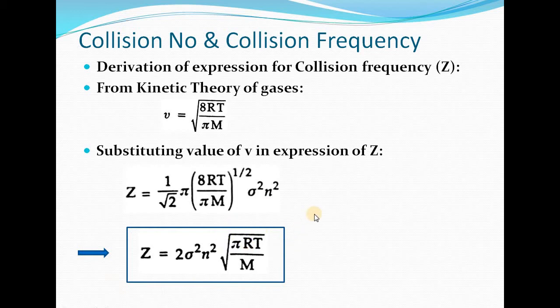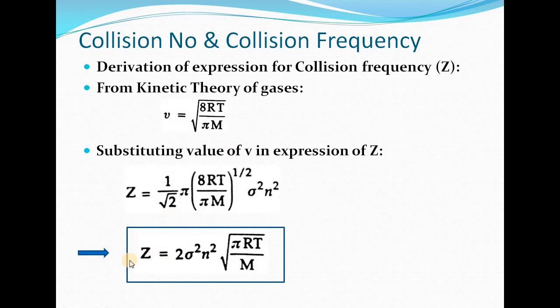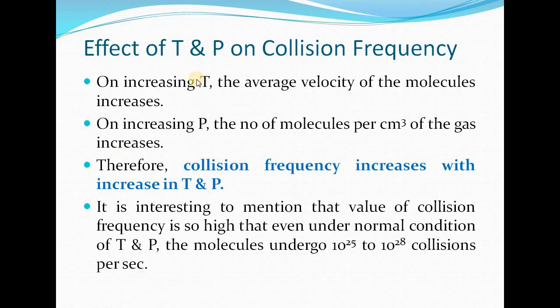Now, what about pressure? On increasing pressure, the number of molecules per centimeter cube of the gas will increase. And we can see here, Z is directly dependent on n square. So as the number of molecules per centimeter cube of the gas is increasing with pressure, Z will also increase with increasing pressure. So on increasing both temperature and pressure, the collision frequency increases.